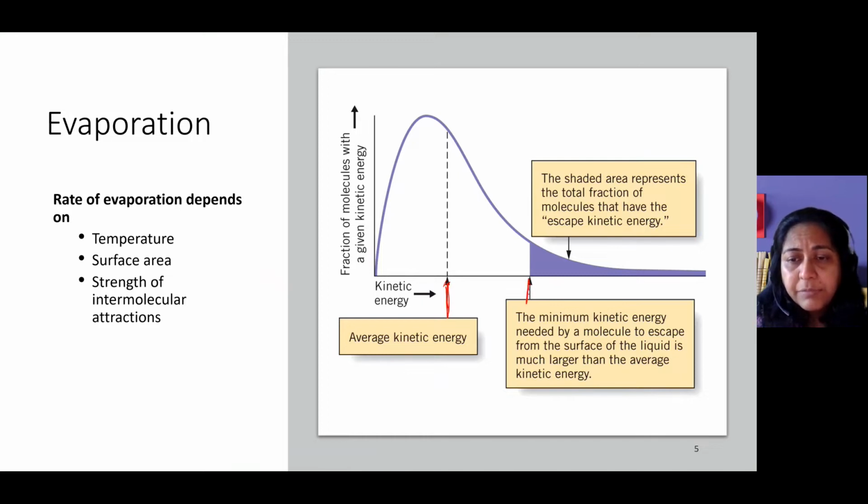And this is the barrier, the minimum kinetic energy needed by a molecule to escape from the surface of the liquid to the vapor. There is always a particular amount of molecules that have higher kinetic energy than that minimum kinetic energy a molecule must have to escape to the vapor phase.